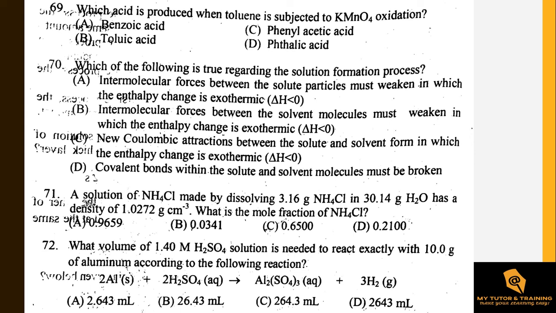And let's come to question number 71. The solution of ammonium chloride is made by dissolving 3.16 gram ammonium chloride in 30.14 gram of water. It has a density of 1.0272 gram per centimeter cube. What is the mole fraction of this substance? Moles of ammonium chloride is given by mass over its molar mass, that is 3.16 divided by 53.5, that is 0.059 mole.